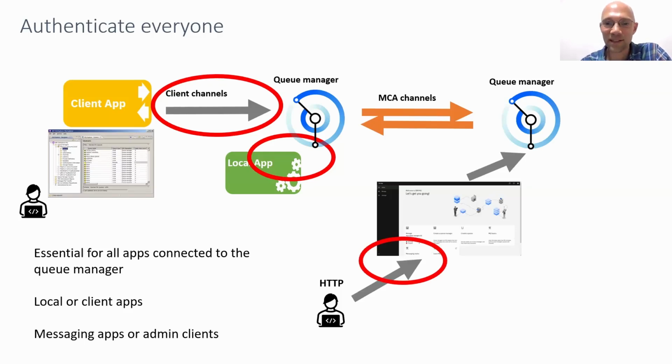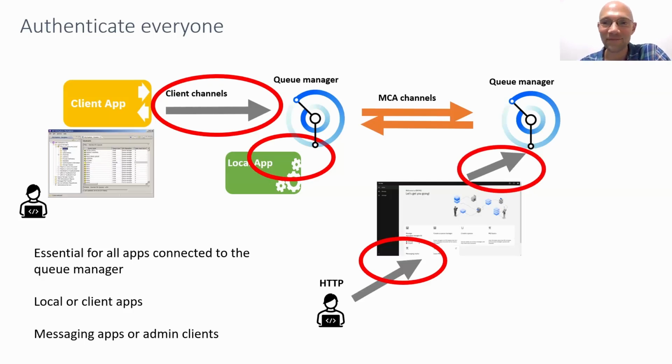Now, all those endpoints connect into what's known as the MQ web server, which is essentially another application that provides the HTTP endpoints that supports the REST API and the MQ console, and then connects to the queue manager. So there's authentication that needs to take place there in order to connect into your MQ web server. So that's logging into the MQ console or logging into the REST API. So you need to take care of that. And also because the MQ web server is essentially another application that's sitting there in between your HTTP endpoint and the queue manager, the authentication also needs to take place between the MQ web server and the queue manager usually.